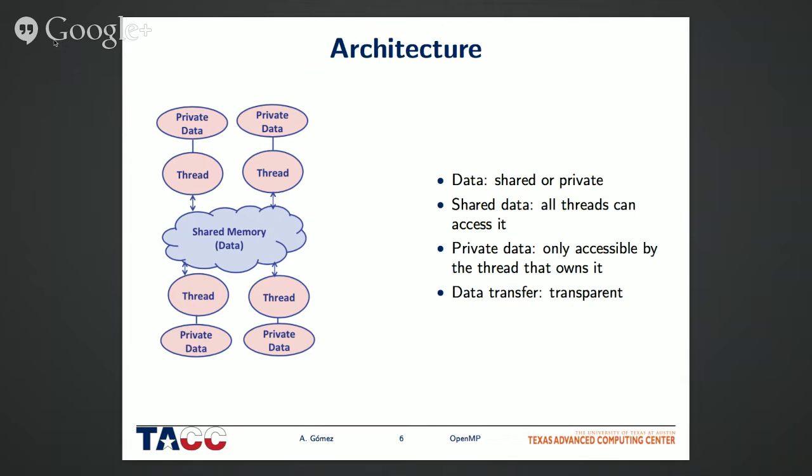Private data is only accessible by the thread that owns that data. You can move data from shared memory or shared data to private data, and that is transparent for the programmer. You don't have to worry about it. The OpenMP environment or runtime will do it for you.